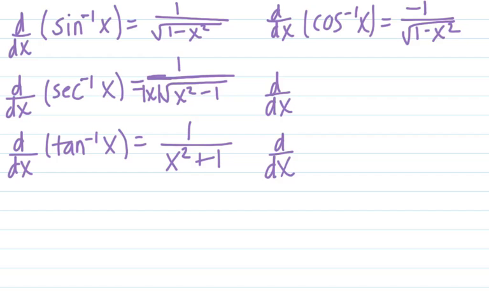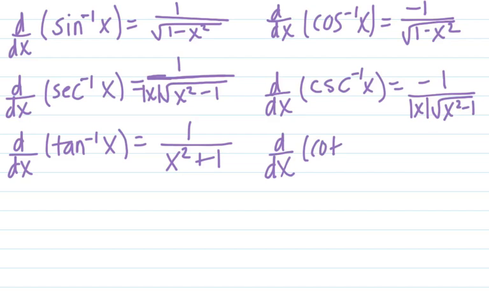So I typically just write the negative in the numerator. It really doesn't matter where you put it. For secant, that would be cosecant, and it's just the negative. And then for cotangent, again, just the negative of inverse tangent's derivative.